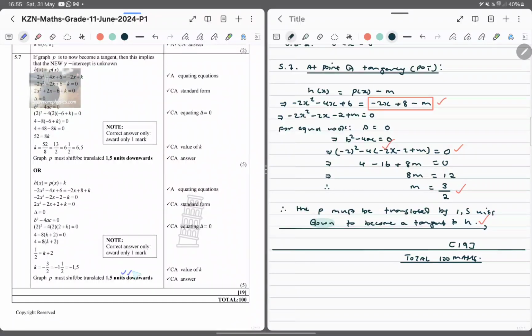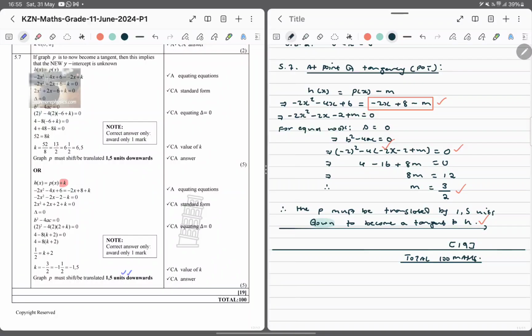So that's about it. But here they decided to just add K, but it doesn't really matter as long as one understands what is needed. If one understands what is needed, it's good enough.